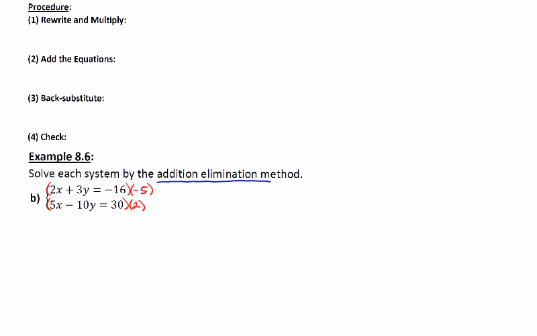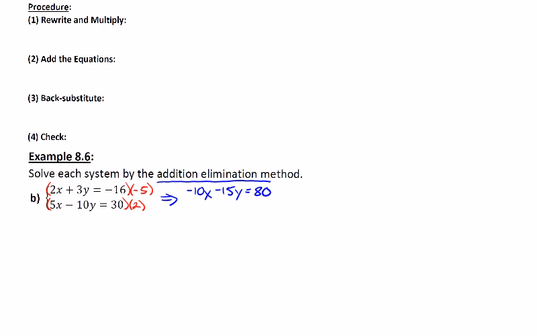And since these two equations are independent, then it should not matter that I'm using a different number for the two different equations. They'll be the same. So I'm going to rewrite the first equation. It's now going to say negative 10x minus 15y is equal to positive 80.